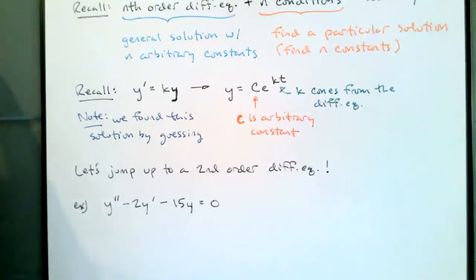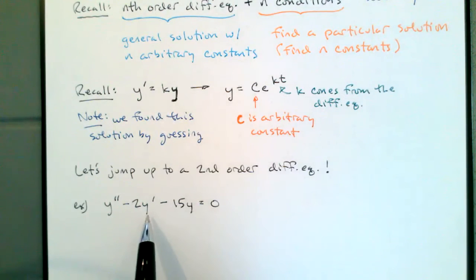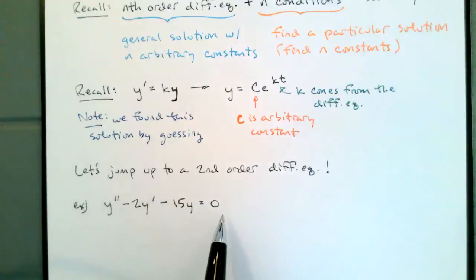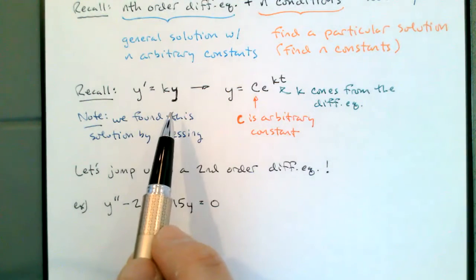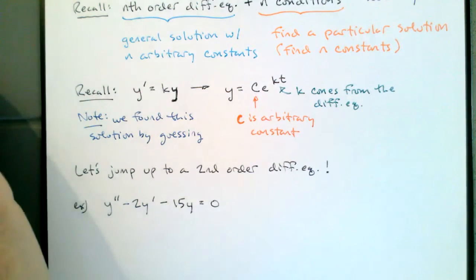I'm looking for a function, and I take the derivative, and then the second derivative, and I have to be able to add them all up and come up with 0. This is going to lead us to the same guess that we made for y prime equals k times y. Notice that the function and its first two derivatives have to be like terms for this to work.